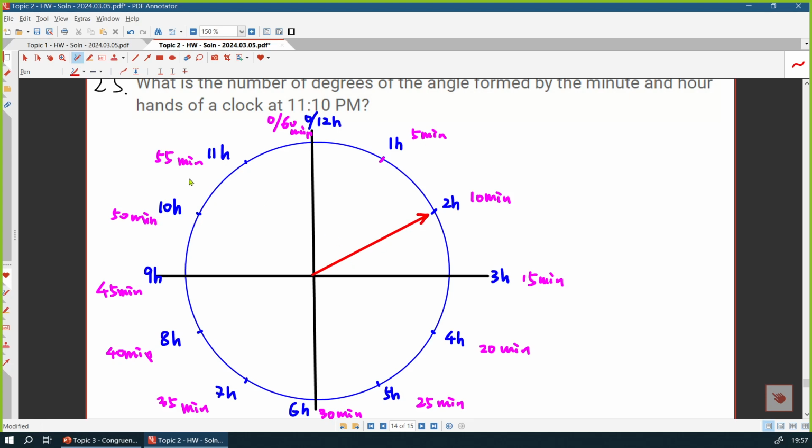This is the minute hand. And how about the hour hand? Could it be here? Not exactly, right? Because you have already 10 minutes past 11. So the hour hand must be somewhere here, not exactly at the 11 hour mark, right? There is a slight angle here.